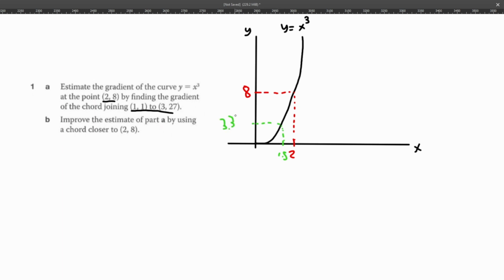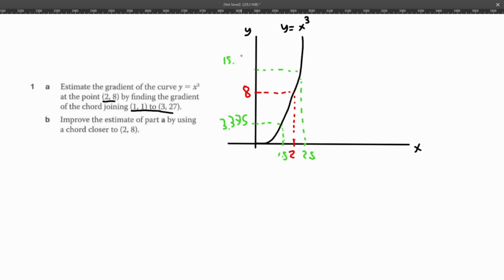And we can also calculate, let's say, 2.5 cubed, and 2.5 cubed would be 15.625.